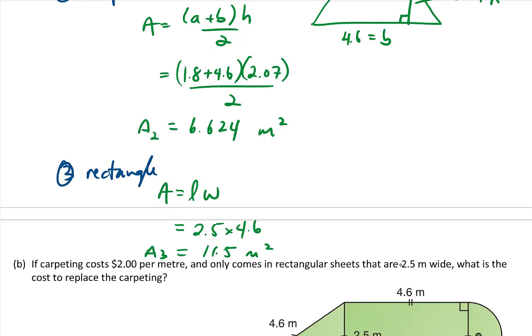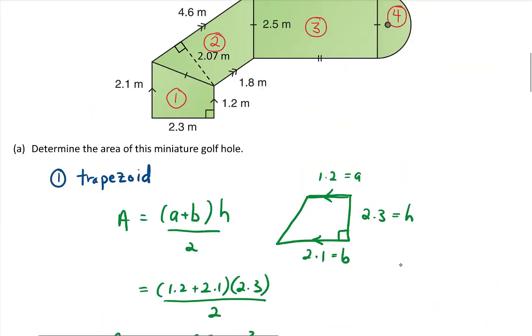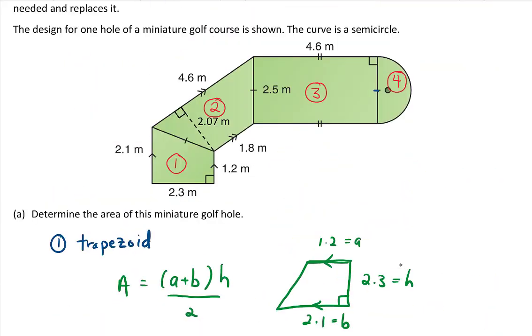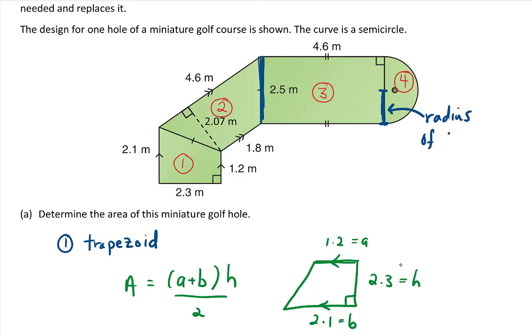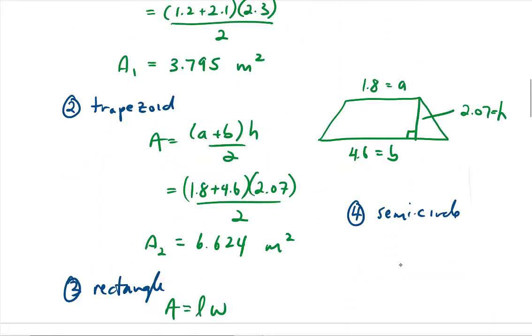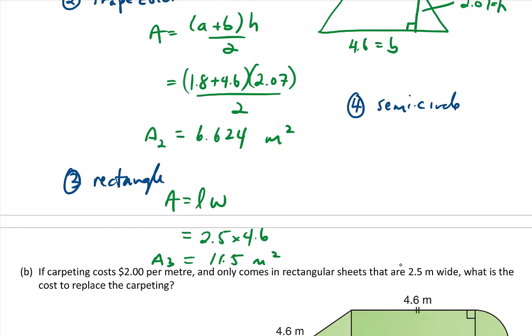And finally, we have part 4, which is our semicircle. So for semicircle, region 4 here, we have the diameter is 2.5, shown over here. So the radius is half of 2.5. So we have a radius of 1.25 meters. And if we look at our formula sheet, we'd see that the area of a circle is pi r squared.